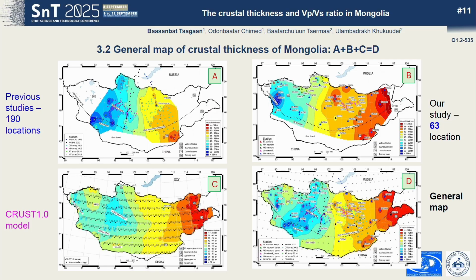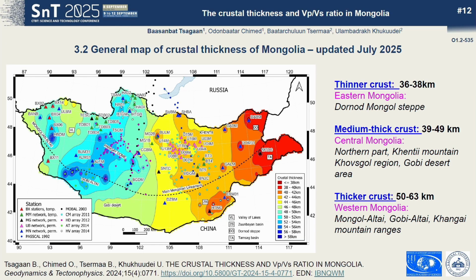To address these remaining data gaps, we incorporated the values from the Crust 1.0 global crustal thickness reference model. As a result, we were able to produce a general and complete map of the crustal thickness beneath Mongolia. On this slide, you see our main result.